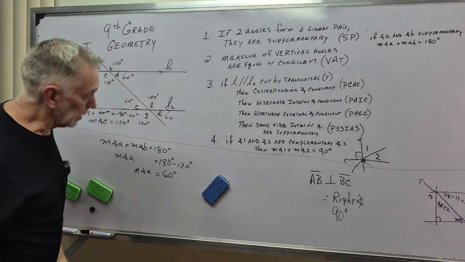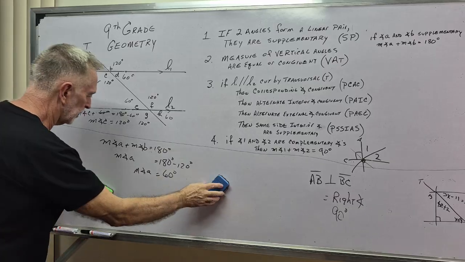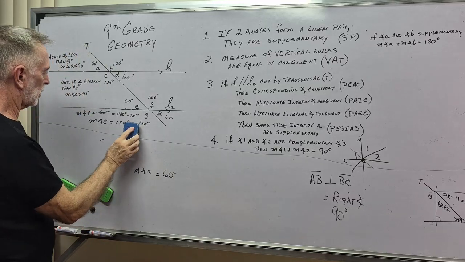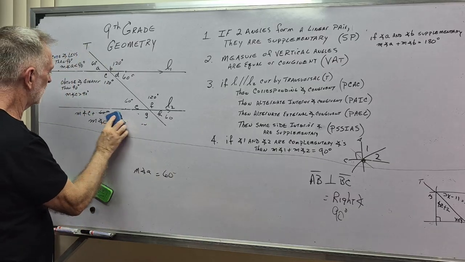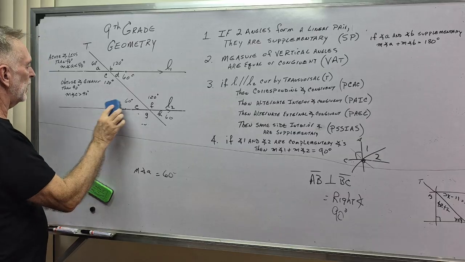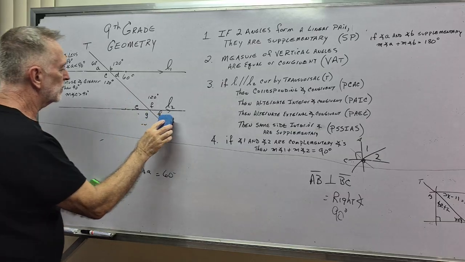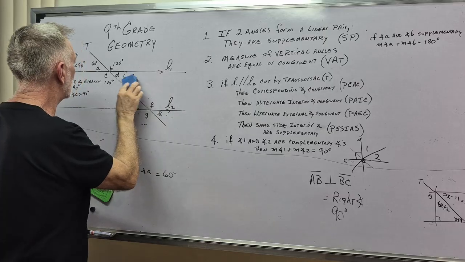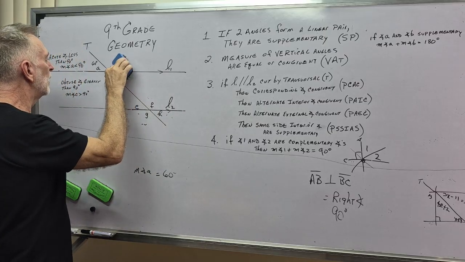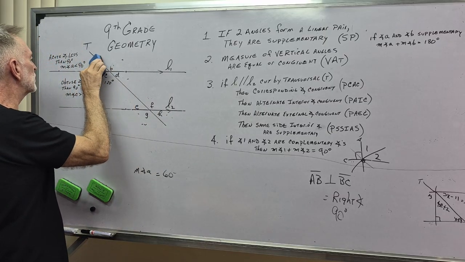Okay, let's see if we can work a more complex problem. I know you're excited about that. So I'm going to take all of these out, and we're going to make it a little bit more exciting.